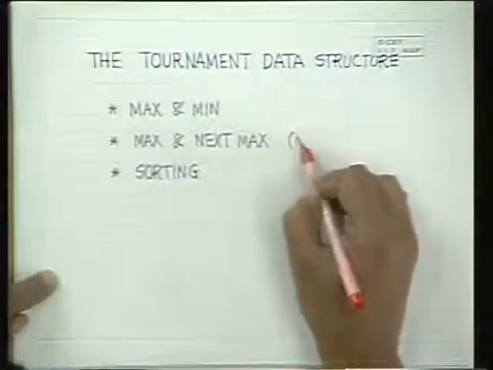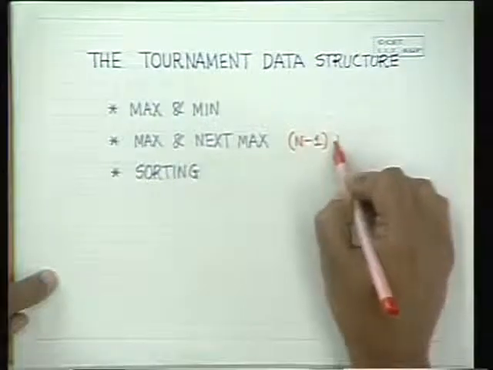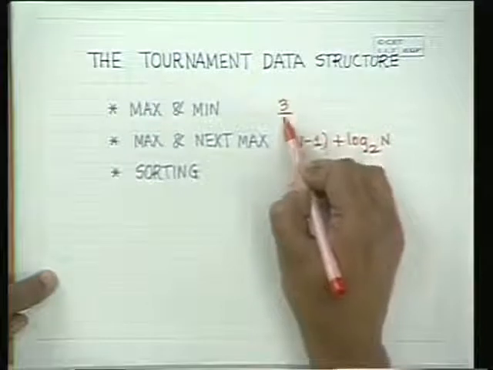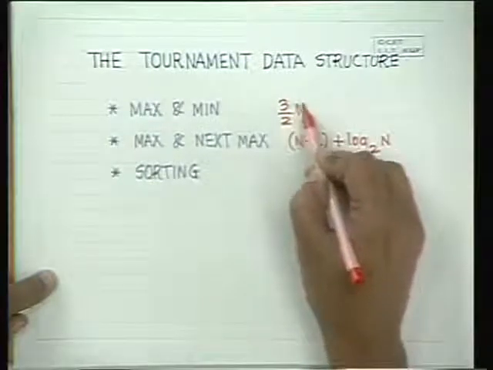So we have seen now how to find the largest and the second largest element in a much more efficient way in time, which is n minus 1 plus log 2n, and this one we saw is something like this.